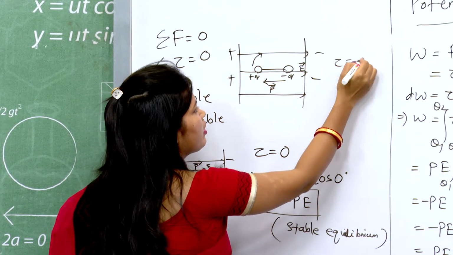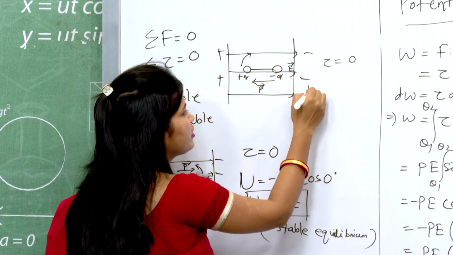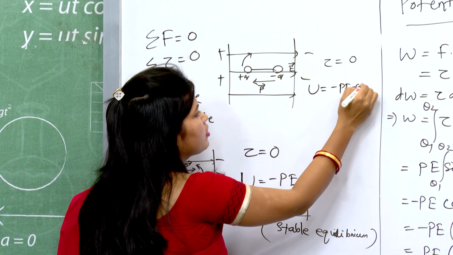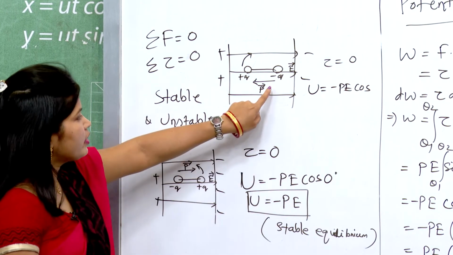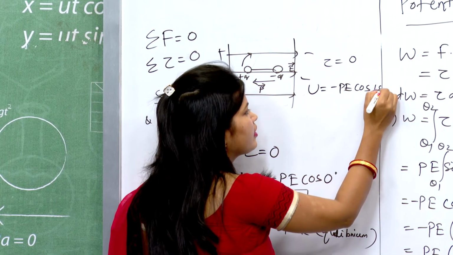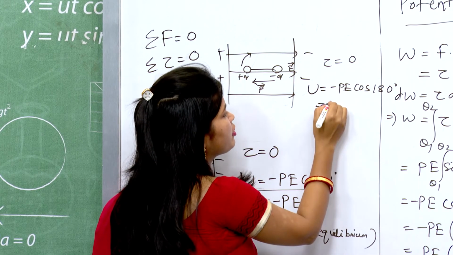And here also torque is 0, as there is no movement, and energy is equal to minus P E cos of the angle between dipole moment and electric field, which is 180. Cos 180 is minus 1, so minus times minus is plus.